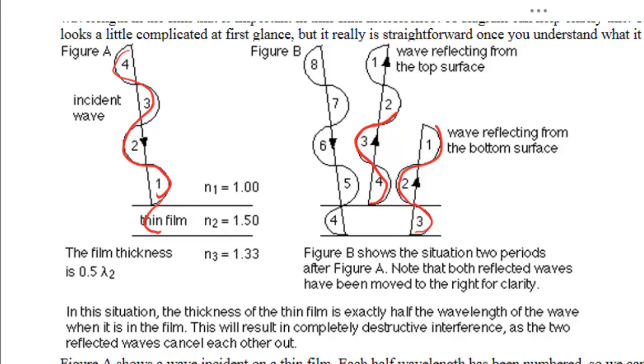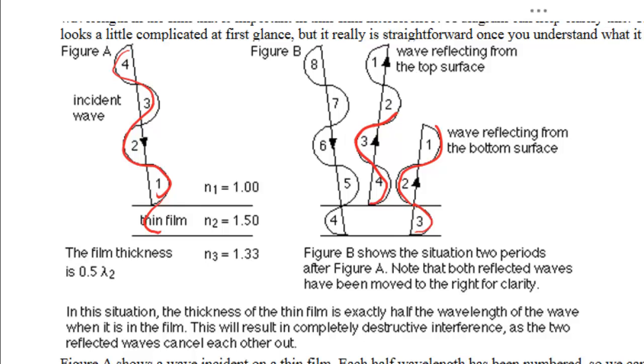Part of the wave is reflected off the top surface of the film, and this reflected wave is flipped by 180 degrees, so the peaks are now troughs and the troughs are now peaks. This is because the wave is reflecting off a higher index medium. Another part of the wave reflects off the bottom surface of the film, and this does not flip the wave because the reflection is from a lower index of refraction medium.